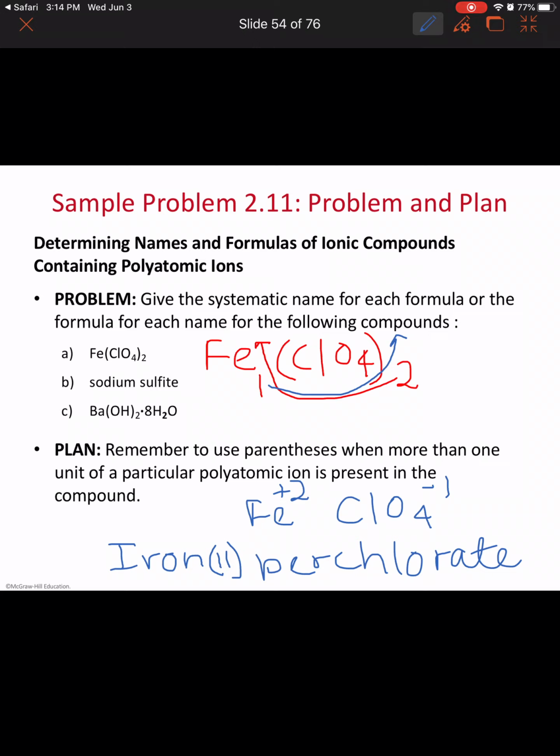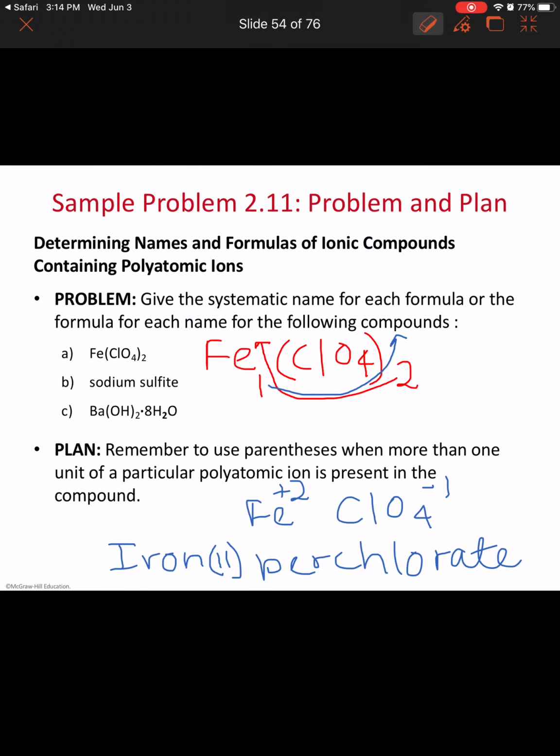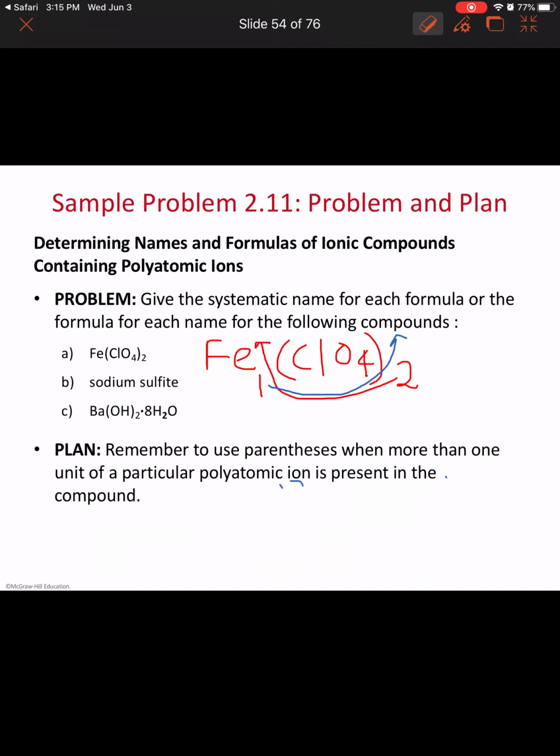Sodium is in group 1, so group 1 normally makes a plus 1 charge, right? So sodium makes a plus 1 charge, Na plus 1. And then you need to refer to the polyatomic ion table to find out what sulfite is.